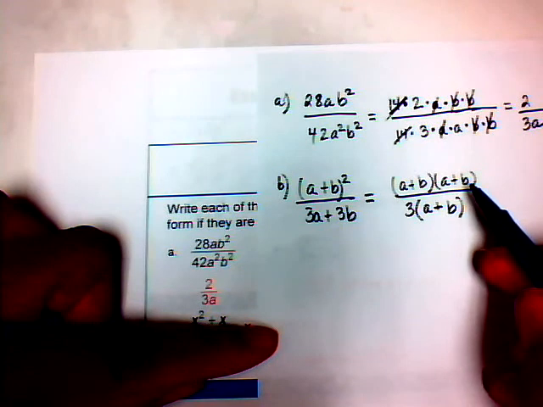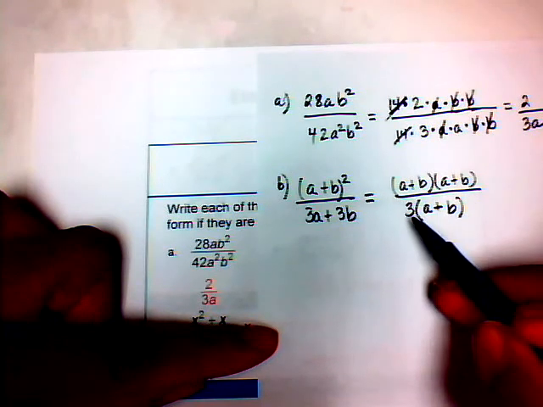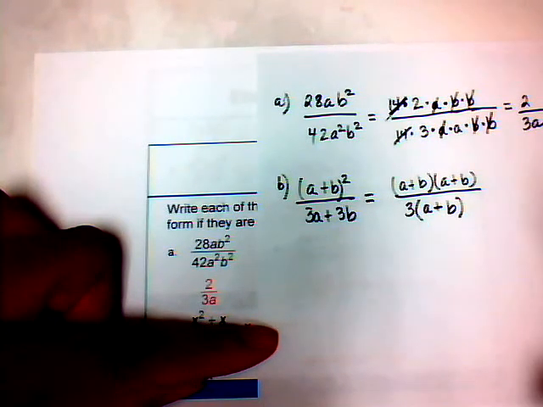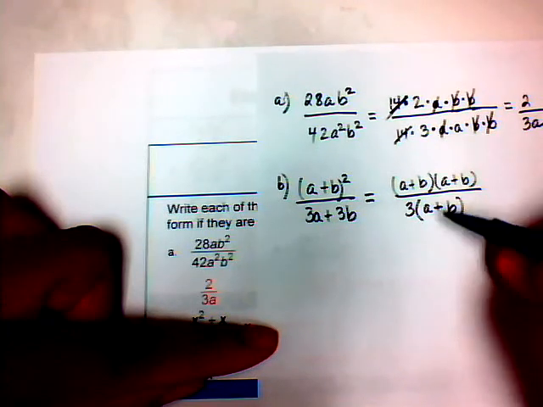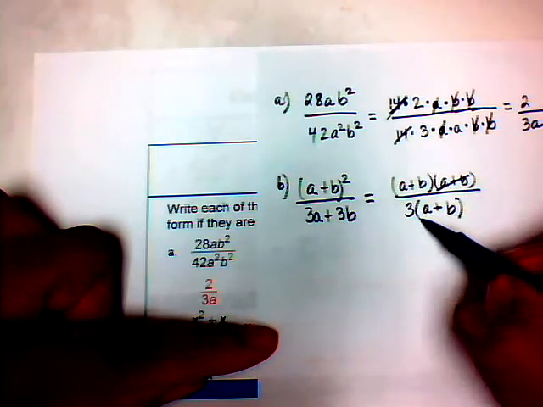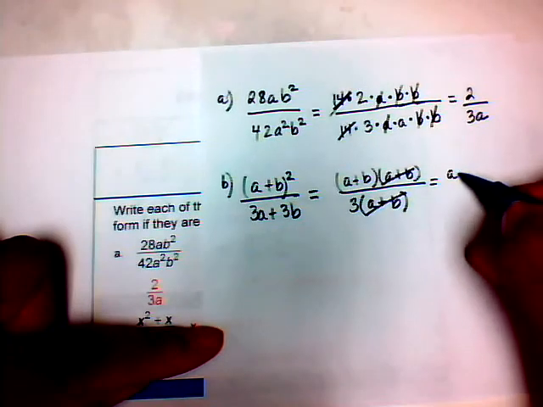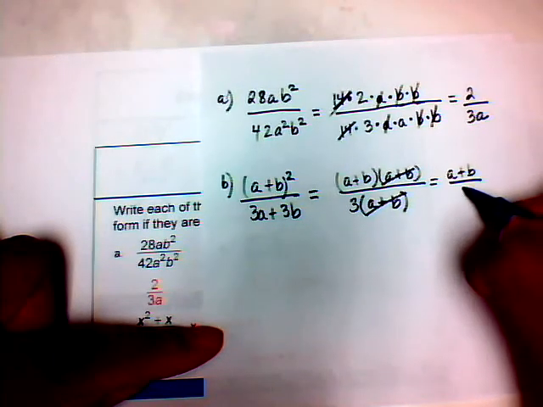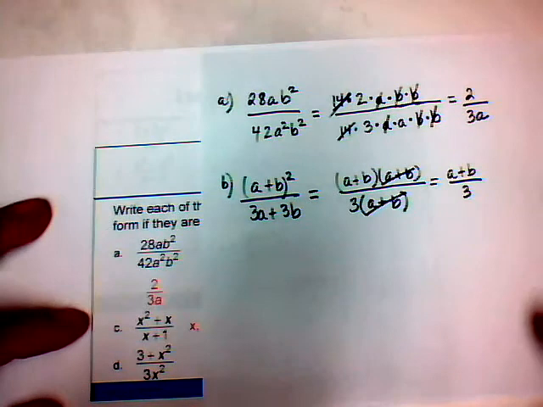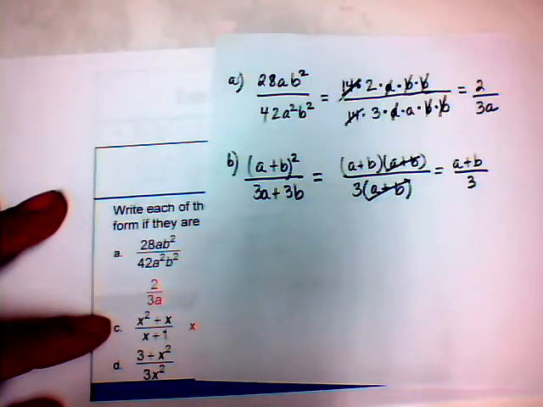So I've got a plus b times a plus b divided by 3 times the quantity a plus b. Notice I can divide out one of the a plus b's. So I'll be left with a plus b in the numerator, and in the denominator, I'll have 3. So it'll be a plus b over 3.